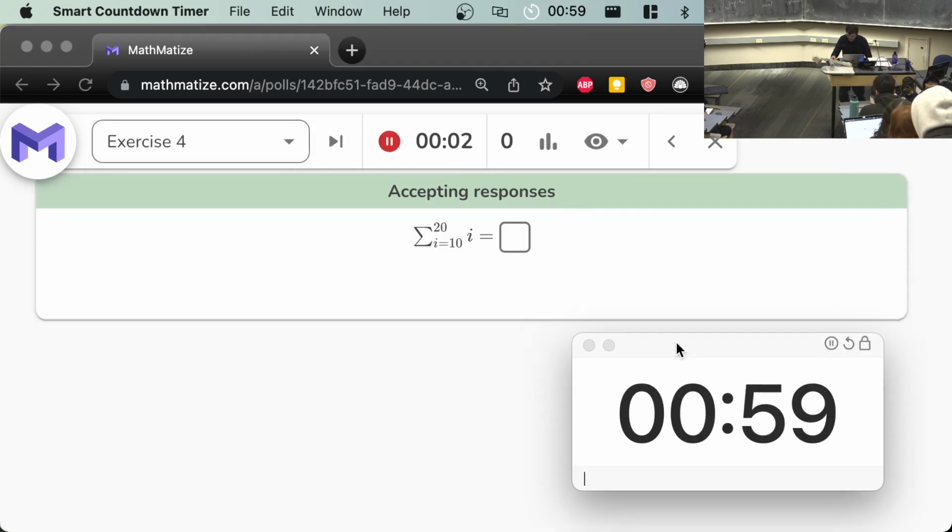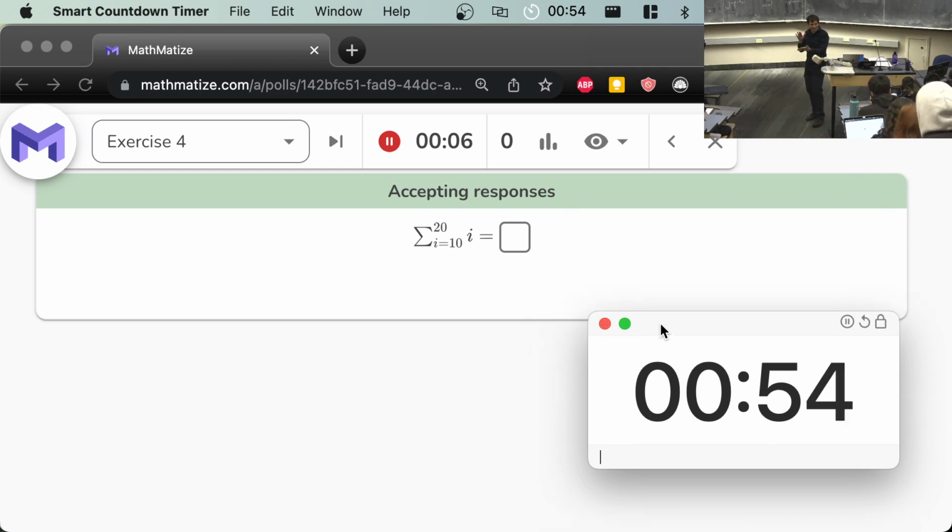Okay, look, I even made it a problem in Mathematize. Now you can enter in your answer. So enter in your guess. Again, it's okay if you get it wrong, but I want you to try to do it.